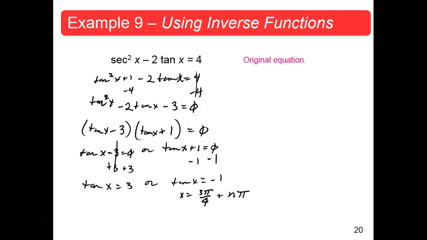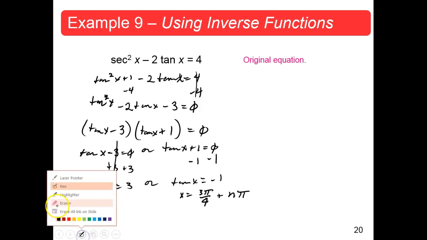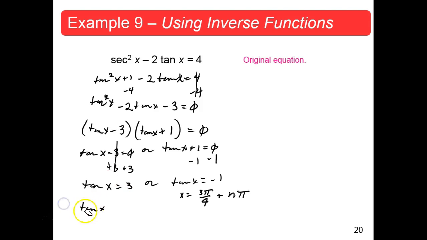But that other one, I don't think I know that one, do I? I know it for square root of 3, but for 3, don't think so. So what do we do? Oh, that's why they said using inverse functions. Here's basically what you do.